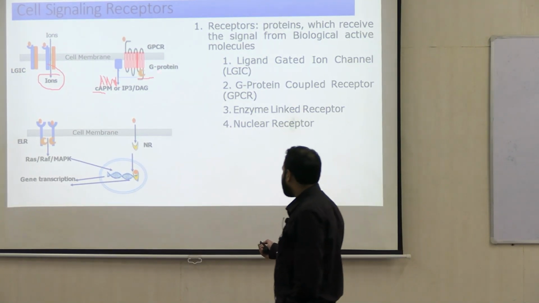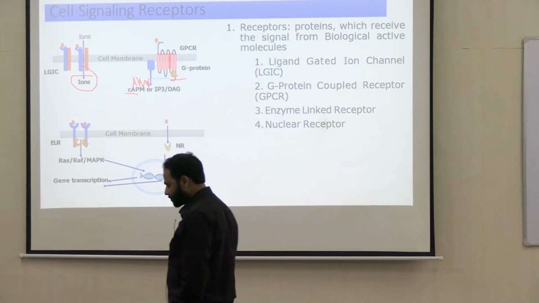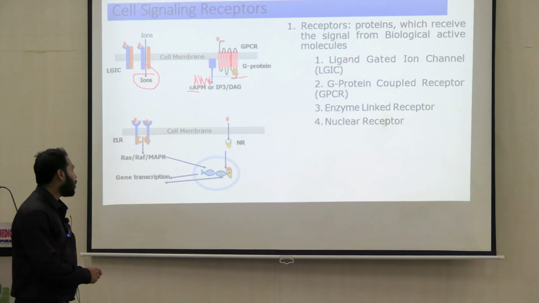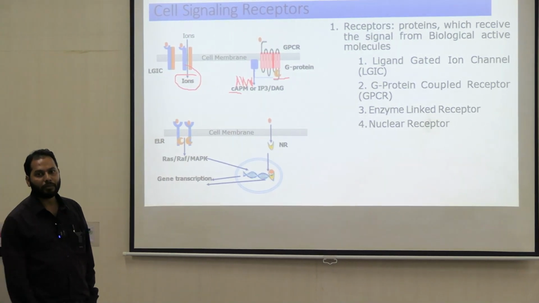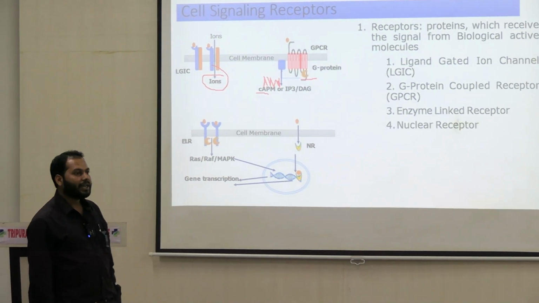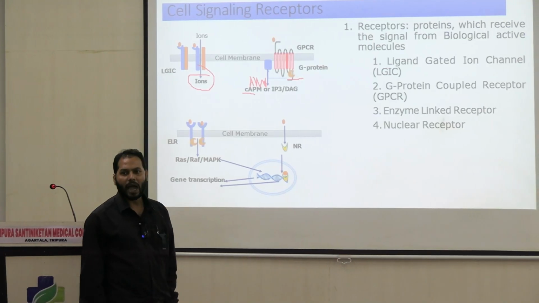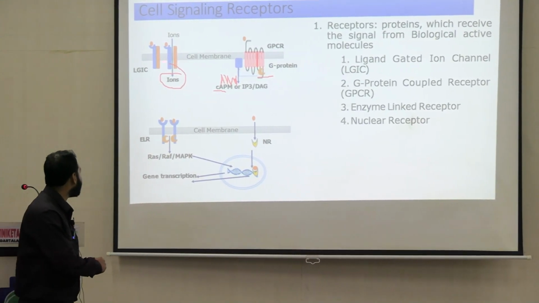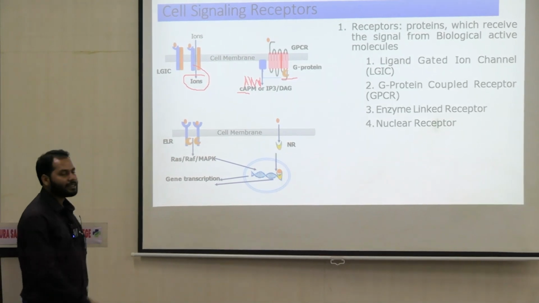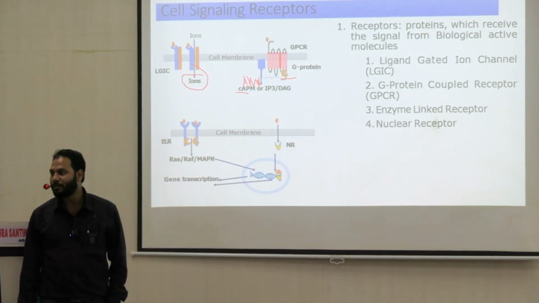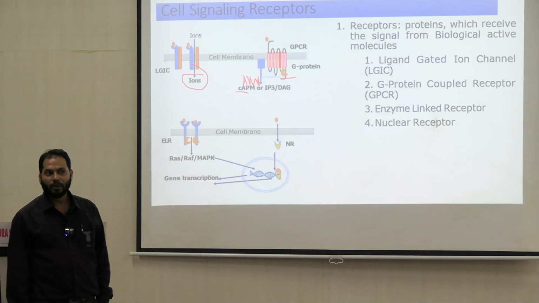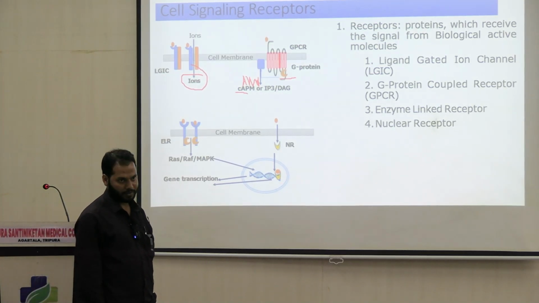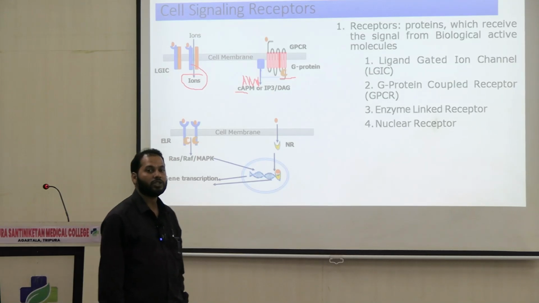This is one cell membrane, this is another cell membrane. If you see the types, the first one is called the ligand-gated ion channel receptor. And that ligand-gated ion channel receptor is very specific for ion transport only. See here in the first piece, this is also known as LGIC, ligand-gated ion channel receptor. Why is it specific? Because this receptor only allows ions once a signaling molecule binds with this receptor.